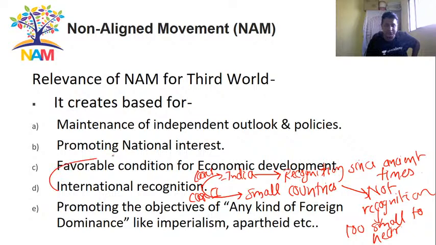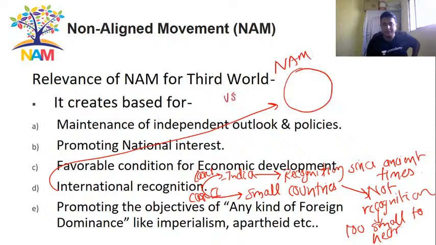But here, as this is NAM, this is the USA, and any particular country is here. If an individual country is there, nobody is going to pay attention. But as it is a member of NAM, his idea is shared by others, and his idea is basically the idea of NAM, and USA has to listen.